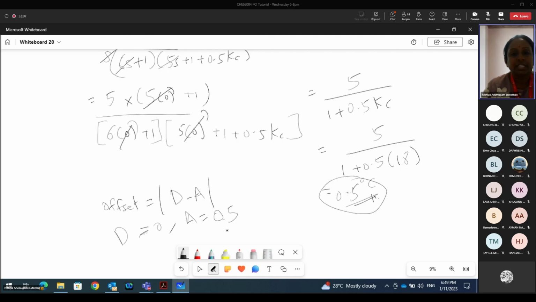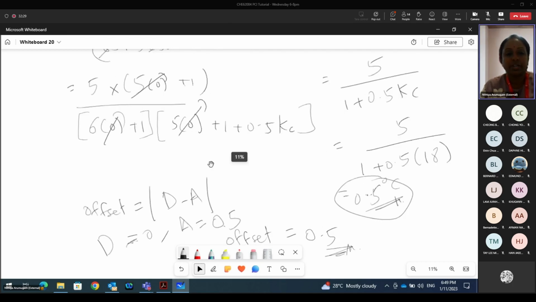So having said that, the offset will be 0.5. If you want to verify this answer, you can calculate the percentage of disturbance magnitude and you will get the 10% as mentioned in the question earlier. So this is for question number 1.